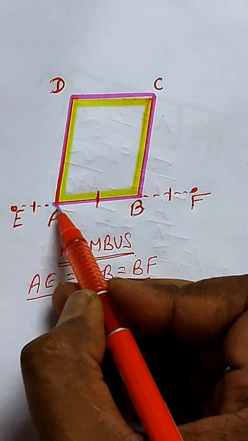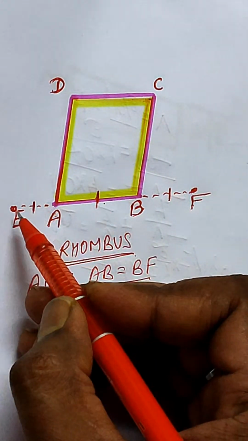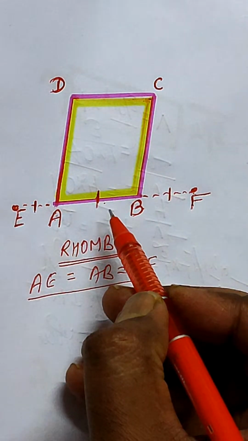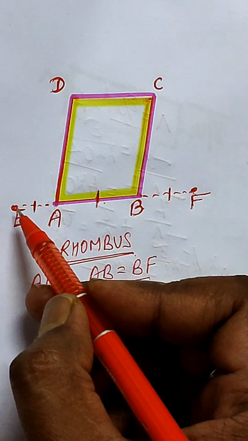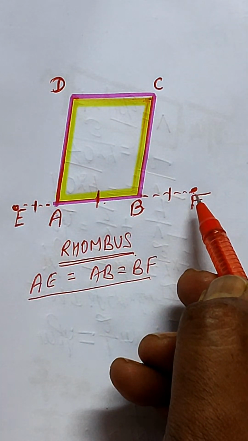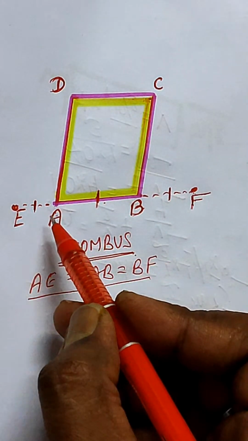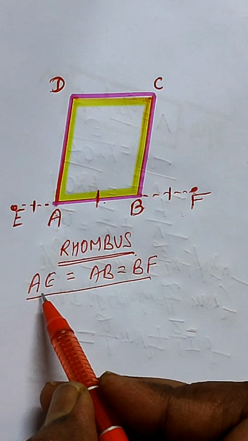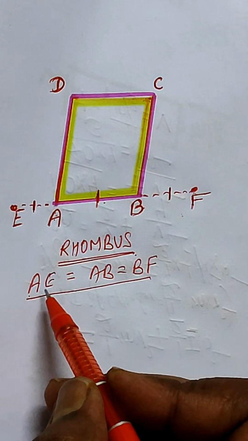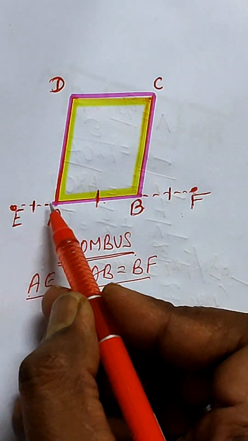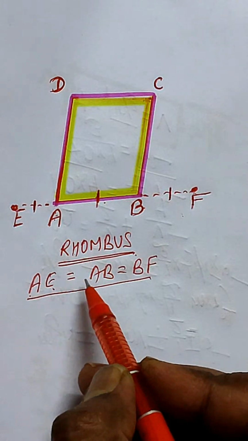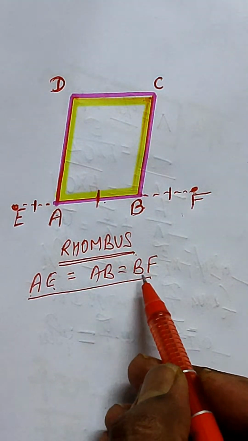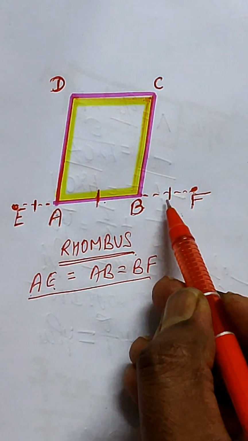I mean to say that when this AB is extended to E and F, three line segments will be formed. You can see this entire line segment E to F is a combination of EA plus AB plus BF, right? And in the question it's written that EA or AE, that means this length, is equal to AB, that means this side of the rhombus, and equal to BF, this one, right?